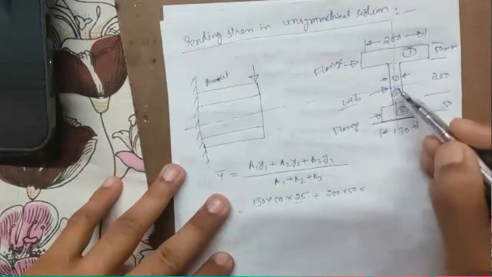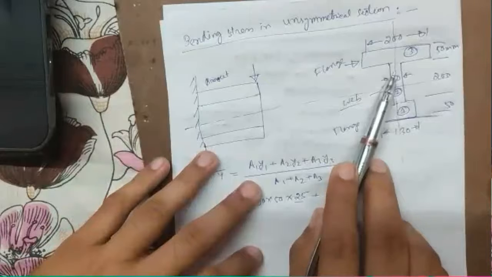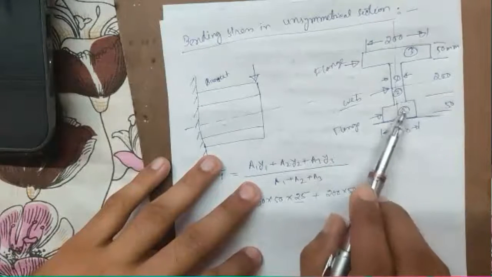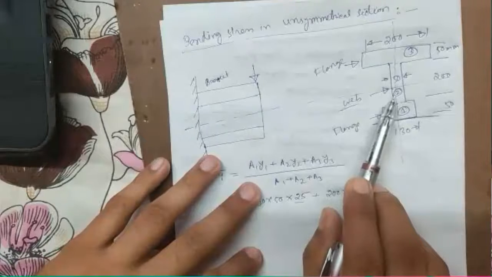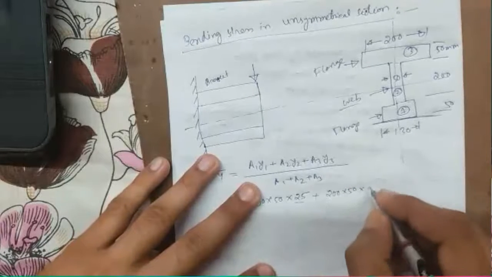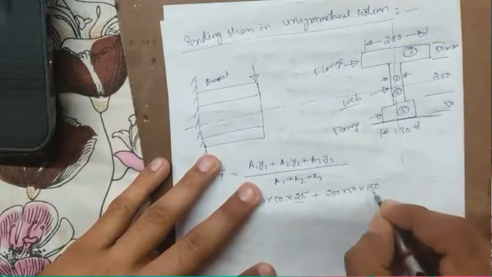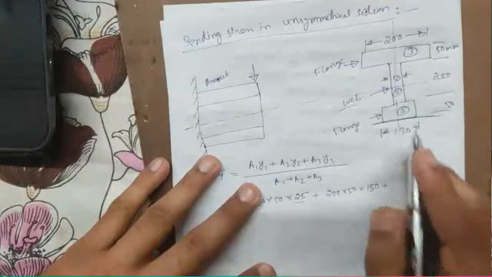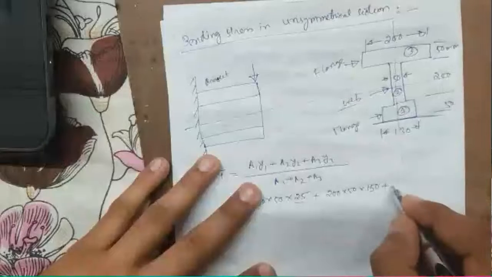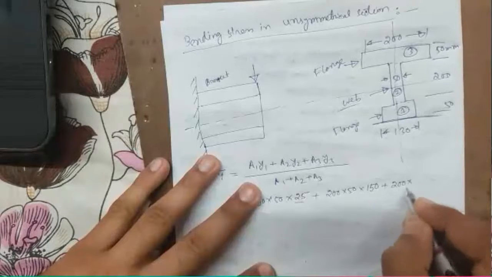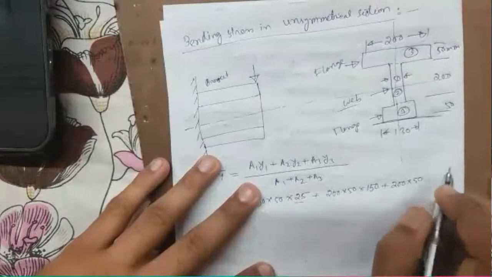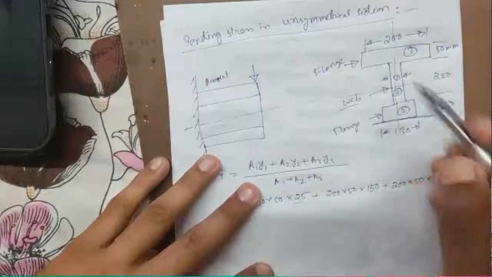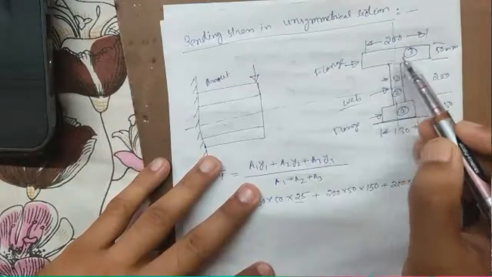So the CG of section 2 will be at a distance from the bottom face of 50 plus 100, which is basically 150, plus A3, which is again 200 into 50, into Y3, the CG of this section 3.